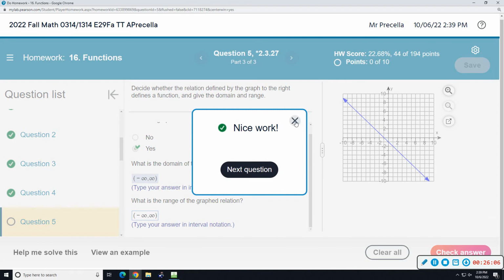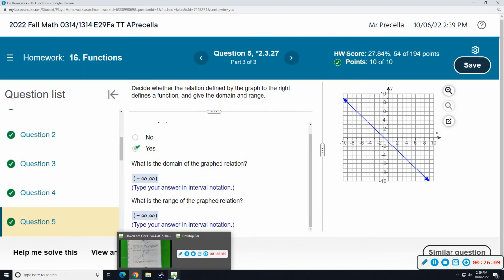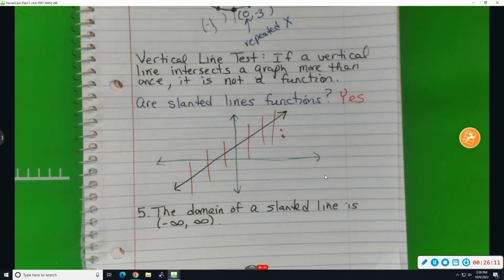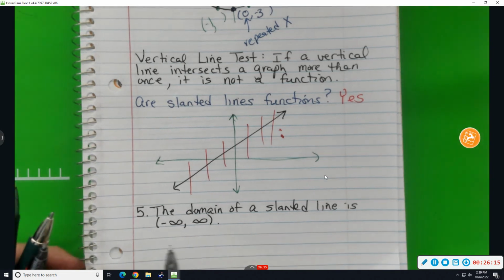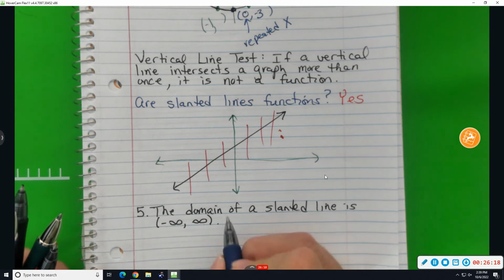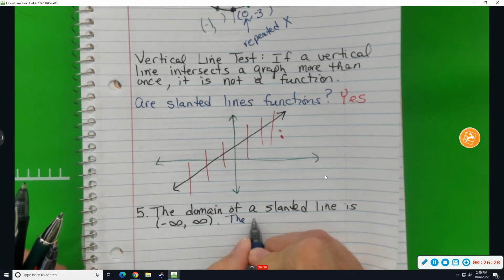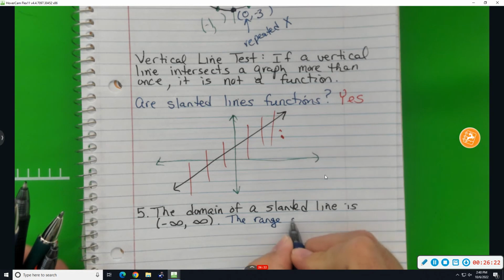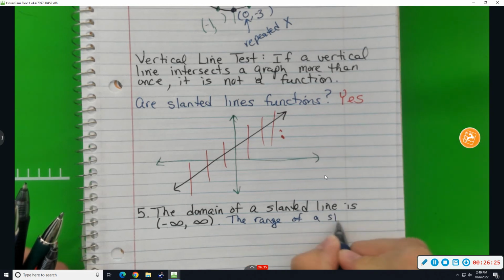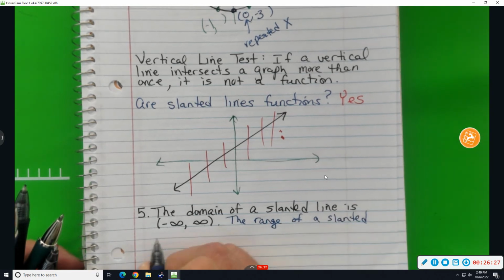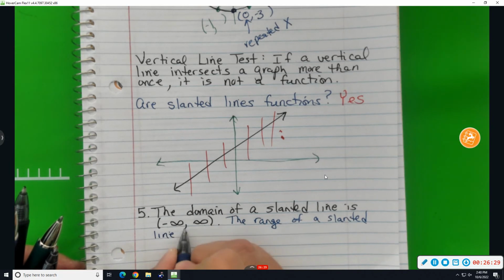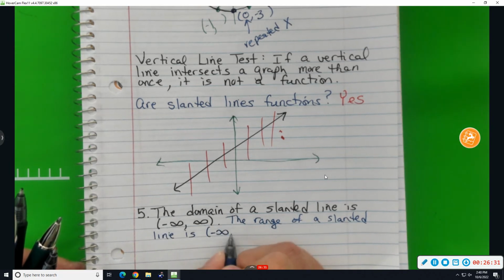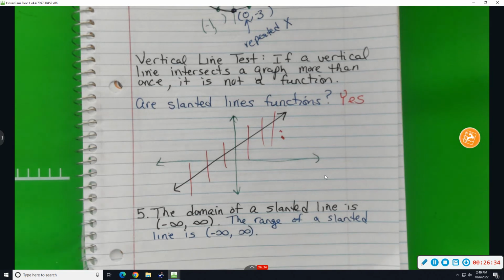So if someone asks you to say something algebraic that'll make you sound smart, you can say the domain of a slanted line is negative infinity to infinity, and the range of a slanted line is negative infinity to infinity. Okay? Any questions over that?